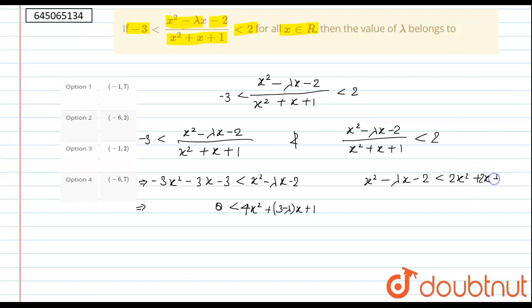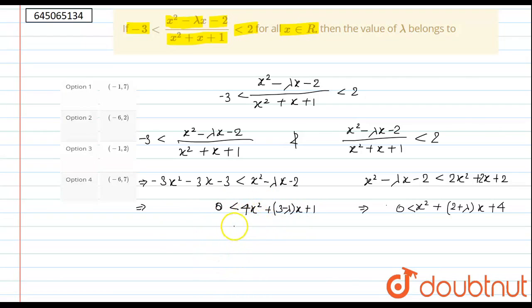2x square plus 2x plus 2, or we can say that x square plus (2 plus lambda)x plus 4 is greater than 0. So this is a quadratic equation that should be greater than 0.